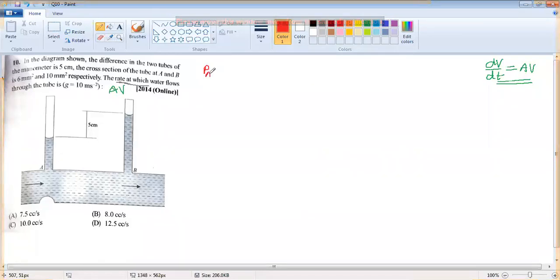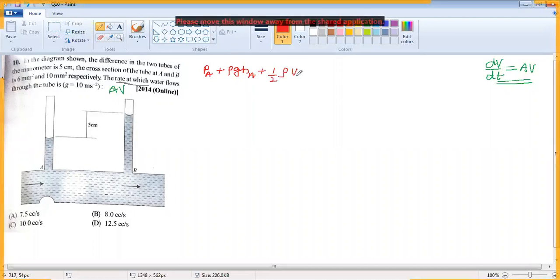Pressure at A plus potential energy at A plus half rho speed at A squared equals pressure at B plus potential energy at B plus half rho VB square.